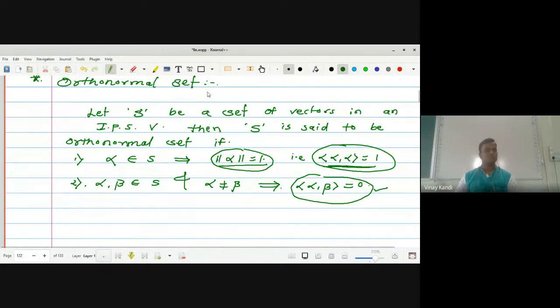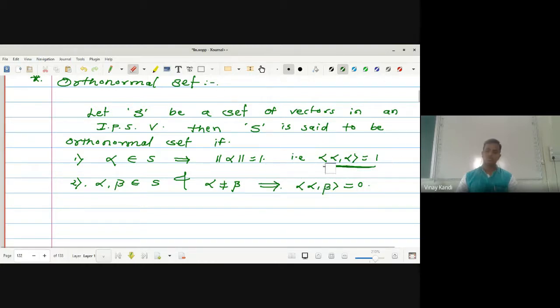So an orthonormal set is always an orthogonal set, but an orthogonal set need not be orthonormal. Is it correct? Yes, sir. If it is orthonormal it is always orthogonal, but if it is orthogonal we cannot say it is orthonormal.